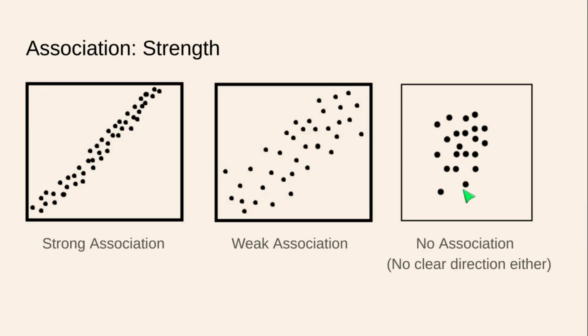And if you have trouble fitting a line through these data, whether you don't know whether to fit the line here, or whether to fit the line here on a diagonal, or, strange as it is, straight up and down, if you just don't know where to put that line, there's no association. Okay, if there's no pattern that you can clearly see, there's no association. It's just chaos. And that does happen sometimes.